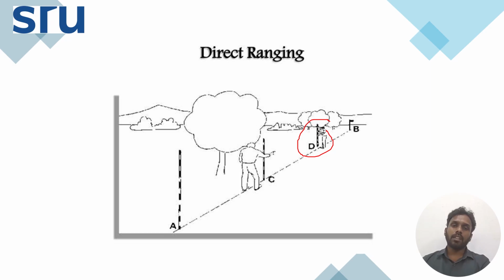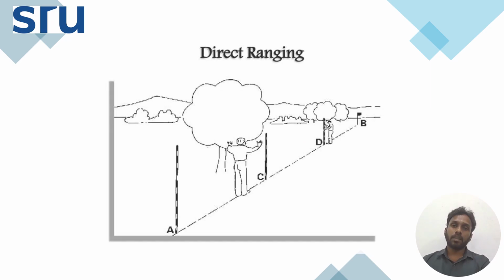In that way, they continue the entire procedure and fix intermediate points between A and B. The intermediate points are C and D, which exactly align with the straight line between A and B. This type of ranging is called direct ranging.